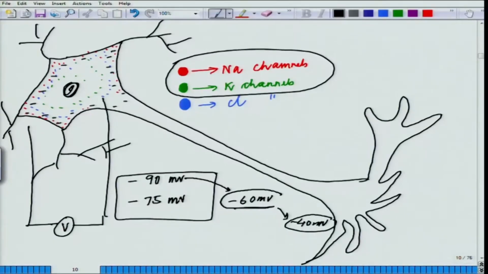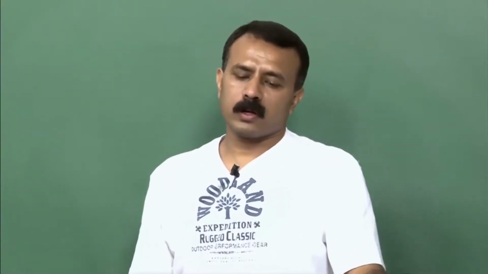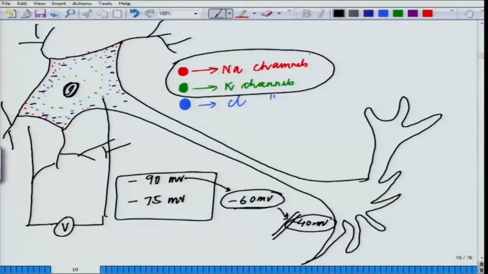If I bring it to minus 60 or minus 40 millivolt, most likely at minus 40 millivolt, a series of ion channels respond, and those are these channels, the voltage gated sodium channels.